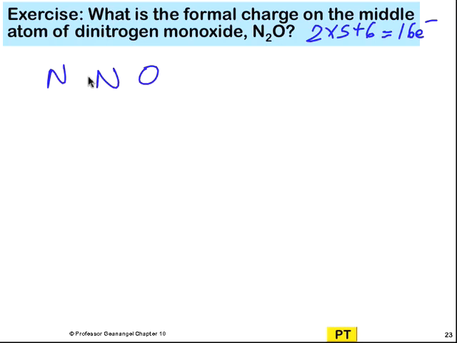We have 16 electrons. We're going to make 2 single bonds. We're going to subtract 4 electrons. That's 12 electrons left. We're going to start putting them as lone pairs, making octets. That's 6, 8, 10, 12. We've used up all the electrons at this point, and we don't have enough electrons around the center nitrogen.